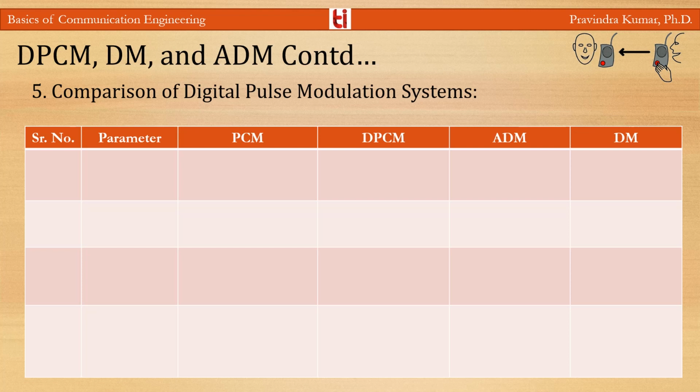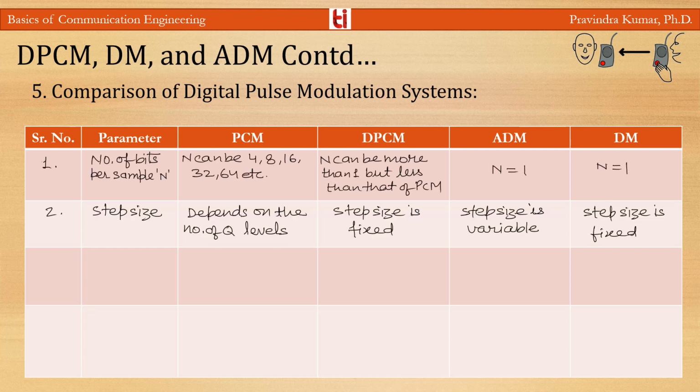Now, comparison of digital pulse modulation systems. PCM, DM, ADM, DPCM are all digital pulse modulation systems, and here we will discuss the comparison of these systems. If we talk about the number of bits per sample, in PCM, N can be 4, 8, 16, 32, 64, etc. In DPCM, N can be more than 1 but less than that of PCM.